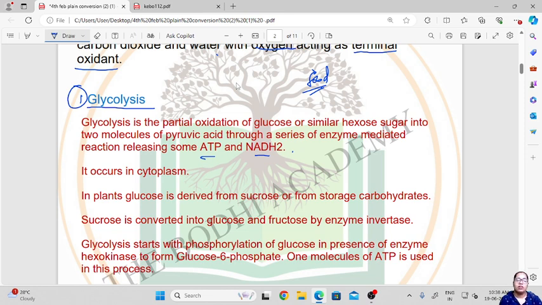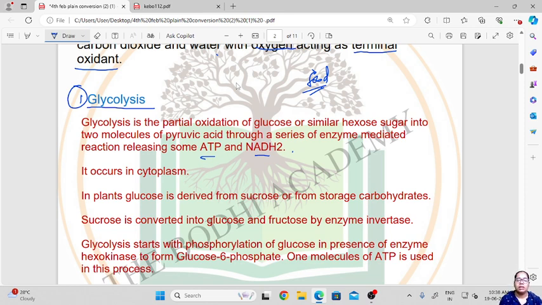So glycolysis is a pathway for aerobic respiration, where glucose or similar hexose sugar is converted into pyruvic acid through a series of enzyme mediated reactions to release ATP and NADH2. This process occurs in the cytoplasm of the cell.